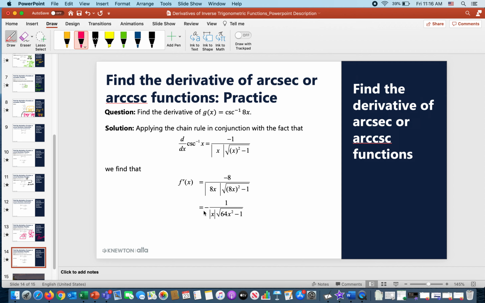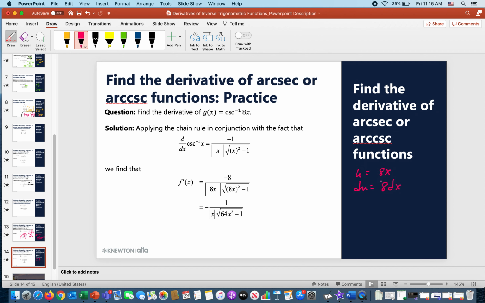Here's an interesting one with 8x. You'll notice that we've got u equal to 8x, and du is equal to 8dx.